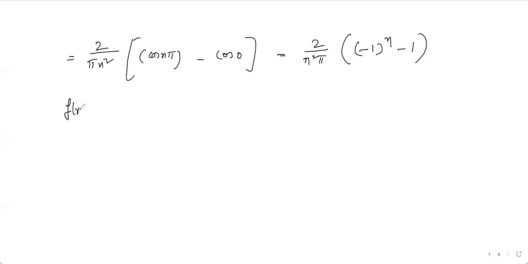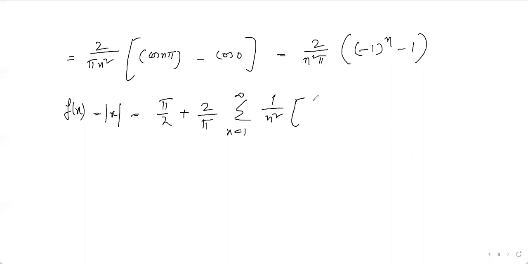So the function f of x equals mod x is pi by 2 plus 2 by pi summation n equals 1 to infinity 1 by n square times minus 1 to the power of n minus 1 and cos nx.